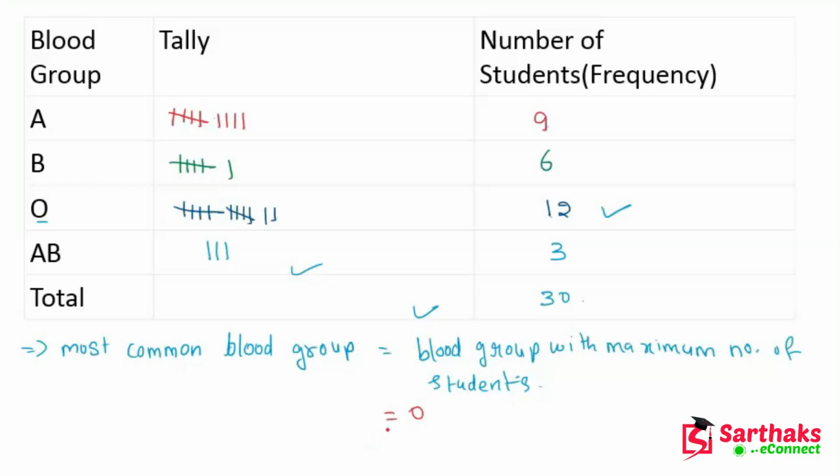Now what is the rarest blood group? Here you can see, the blood group with the minimum number of students, like AB. There are just 3 students having the blood group AB.